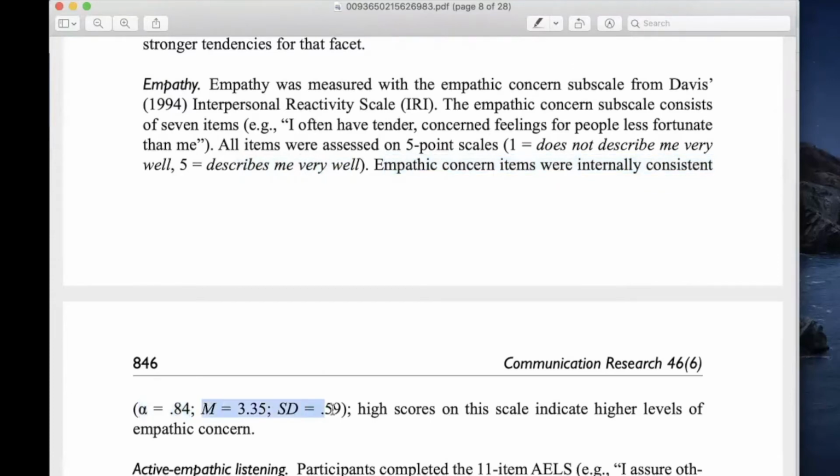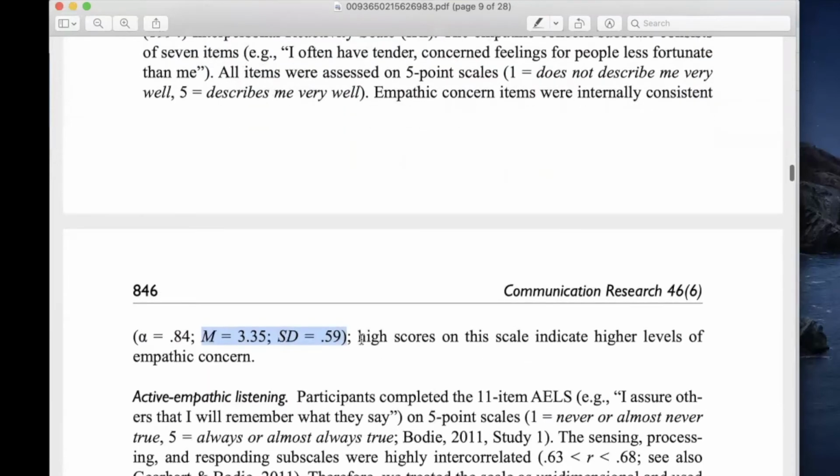And then this is actually the mean score for the 7 items. If you were to look this up, it would tell you to calculate a mean score, and they've reported that here. So we have the mean and standard deviation. And then it tells you how to interpret it. It says here, high scores on this scale indicate higher levels of empathetic concern.